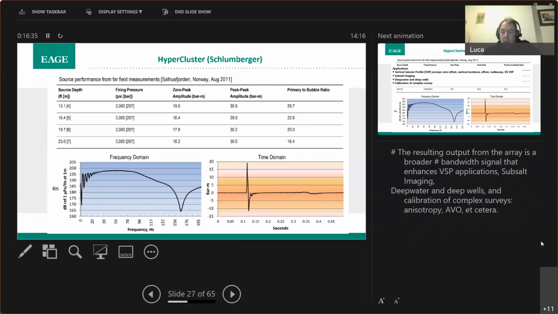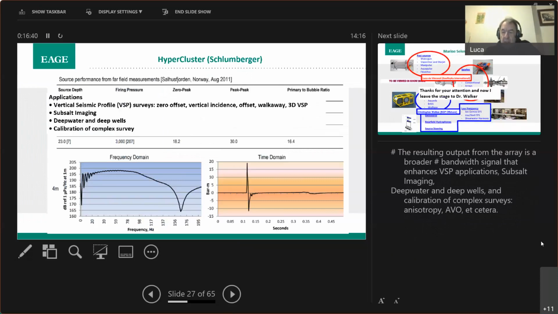The resulting output from the array is a broader bandwidth signal that enhances VSP application, subsalt imaging, deep water and deep wells, and the calibration of complex surveys, anisotropy, AVO, etc.